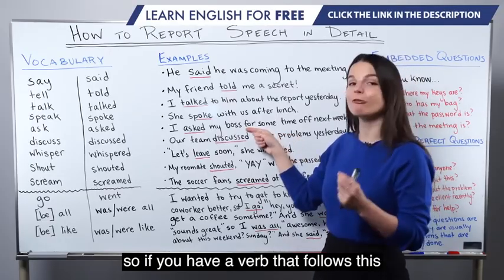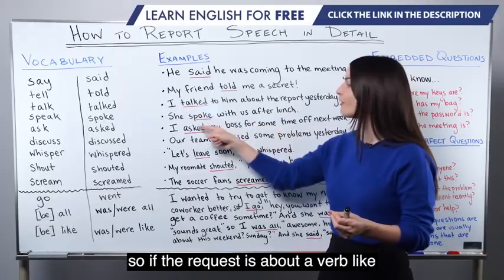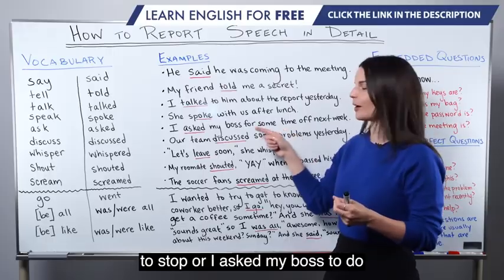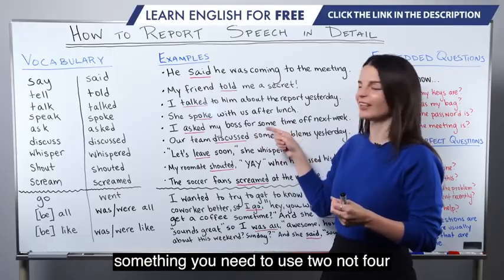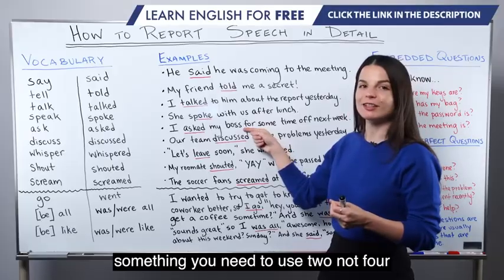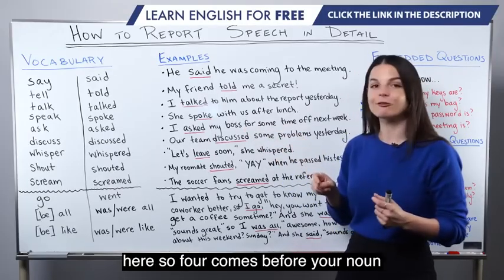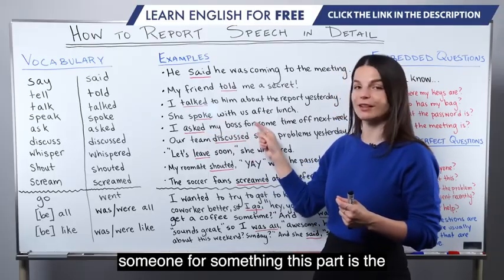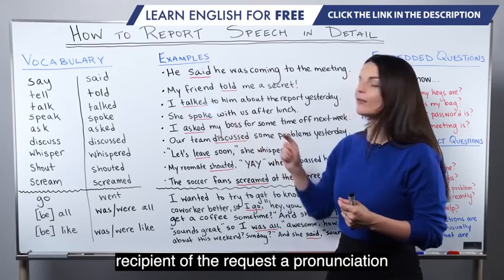So if you have a verb that follows this, so if the request is about a verb, like to stop, or I asked my boss to do something, you need to use to, not for here. So for comes before your noun phrase. This part, after the verb, I asked someone for something, this part is the recipient of the request.